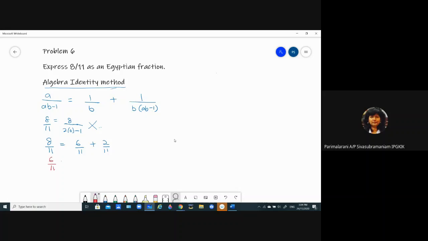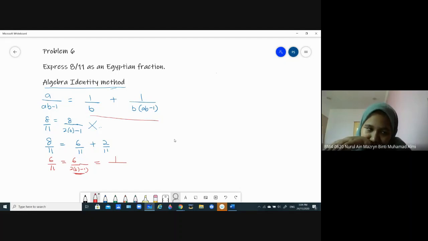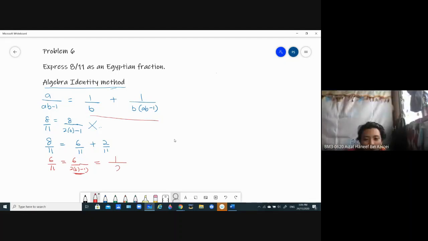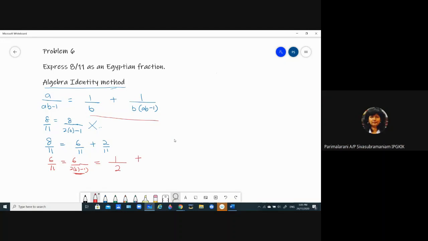So 6 over 11 is also equal to 6 over 2 times 6 minus 1. We have written it in the form of A over AB minus 1, so we follow the formula. This equals 1 over B. What is our B now? A is 6, B is 2. So 1 over 2 plus 1 over B times AB minus 1.